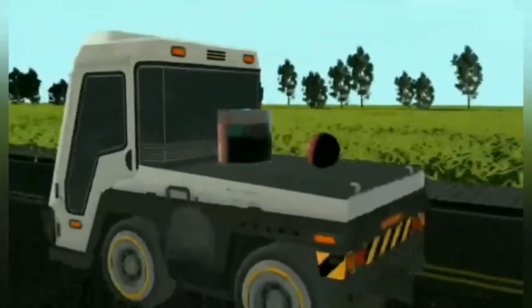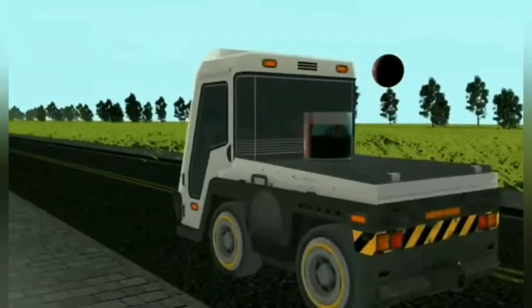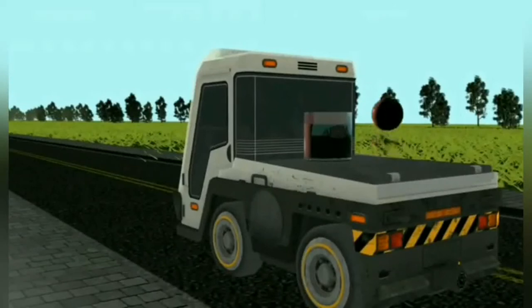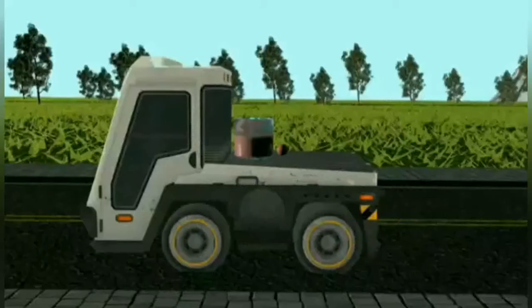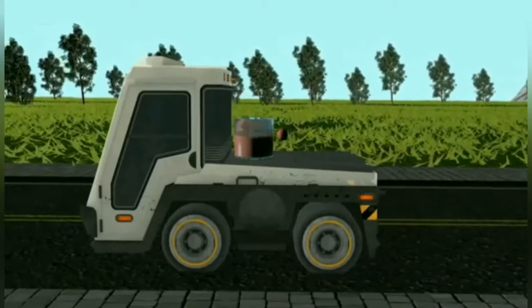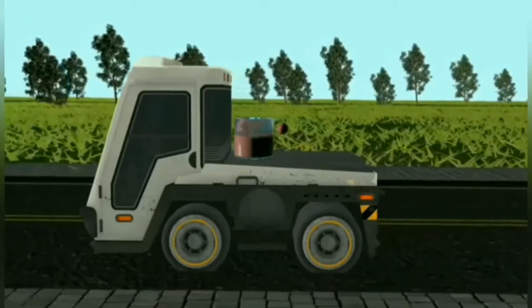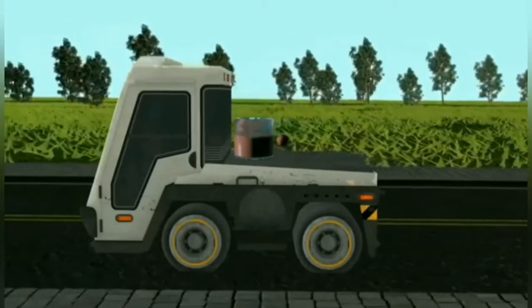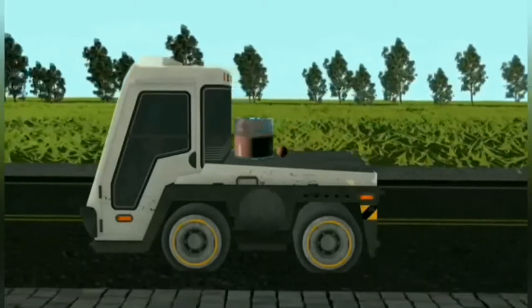Let us consider a ball to be bouncing as shown in the video. In this case, the truck is at rest. It is an inertial frame of reference where Newton's first law, that is the law of inertia, is valid. Now suppose the truck is moving along a straight line with uniform velocity. This is also the case of an inertial frame of reference.